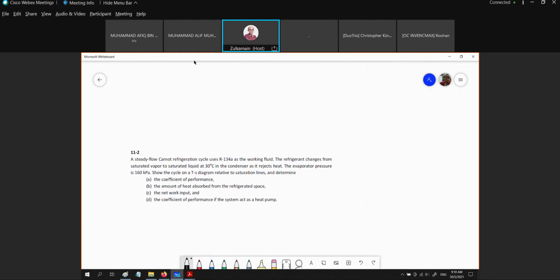And if we sketch the TS diagram for a reverse Carnot cycle, in this case also known as the Carnot refrigeration cycle, then we know that we must sketch the whole cycle in the saturation line region.